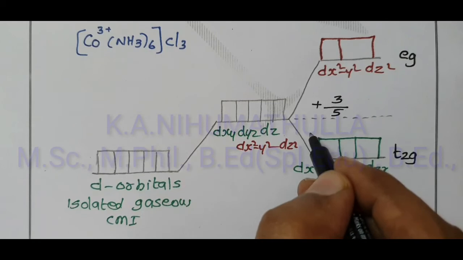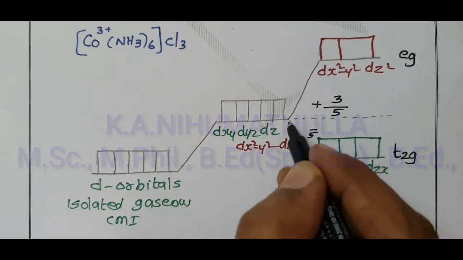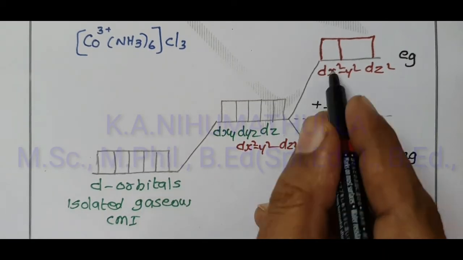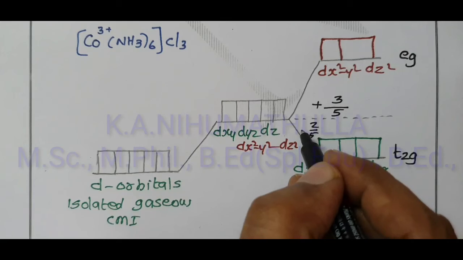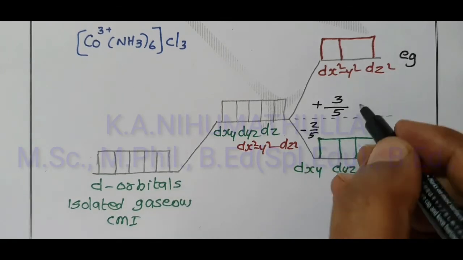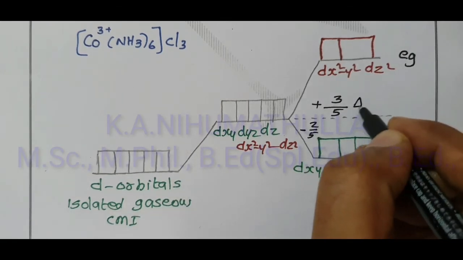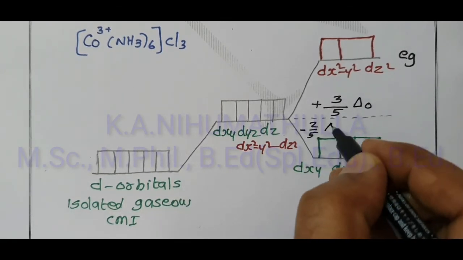Here the total number of orbitals is 5, and the energy gap is very low for the 3 orbitals, so the energy decreases, indicated by minus.